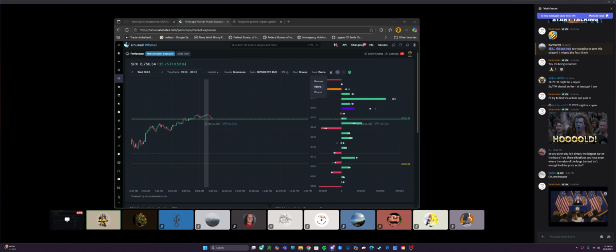In this scenario, charm flows are particularly common on Mondays, which will lead to charm decay. So you'll see lots of unwinding of hedges. It's also, I should say, not just common on Monday, it's also common on Fridays as well. So you'll see an unwinding of hedges placed just before expiry.